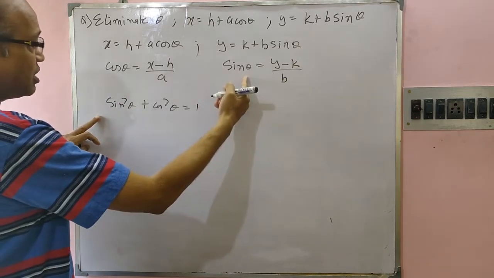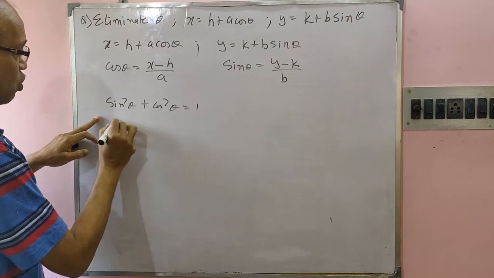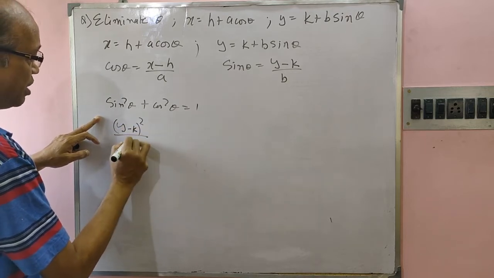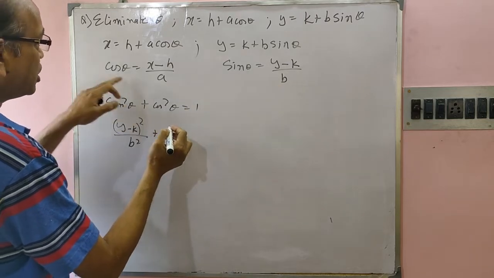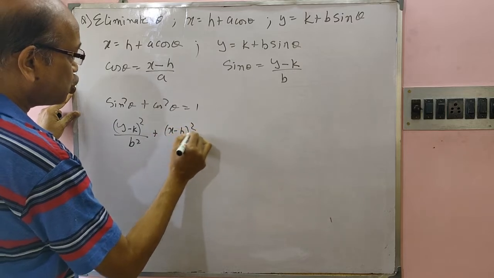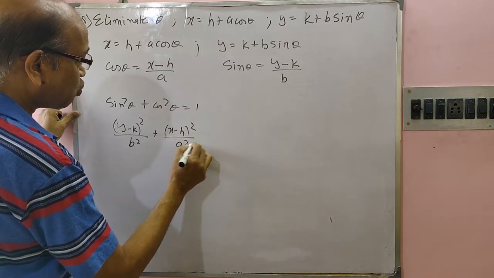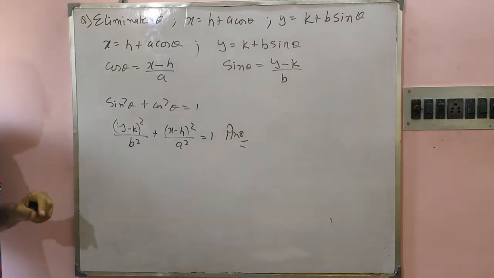Therefore put in sin theta and cos theta. This will be y minus k whole square by b square, plus x minus h whole square by a square, equal to 1. This is your answer. Clear?